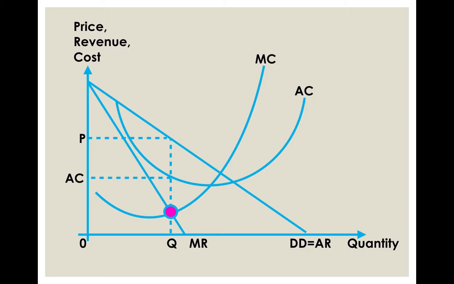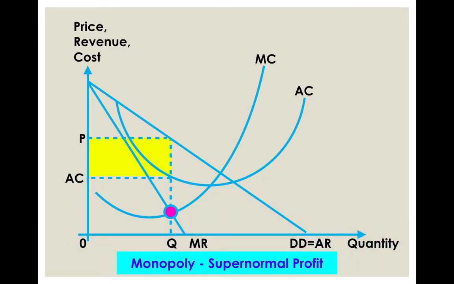Now with this in place, we can start seeing whether this monopoly is earning supernormal, normal, or subnormal profit. The total revenue is given by the yellow area. The total cost is given by the pink area. Now as you can see, since total revenue exceeds total cost, this means that the monopoly is earning supernormal profit. Now, how do we illustrate a monopoly earning normal profit then?